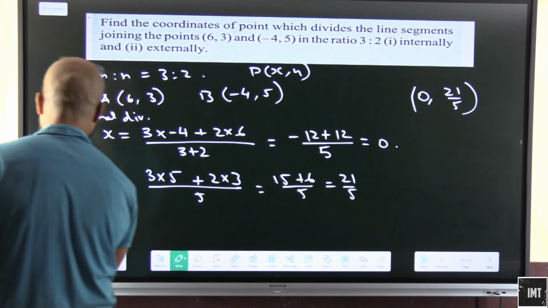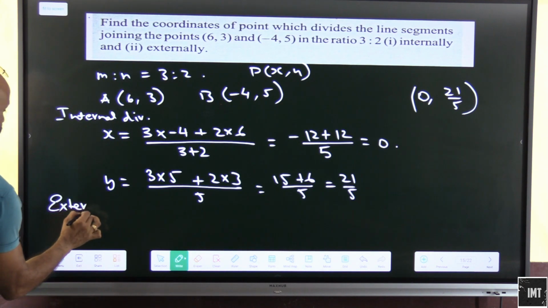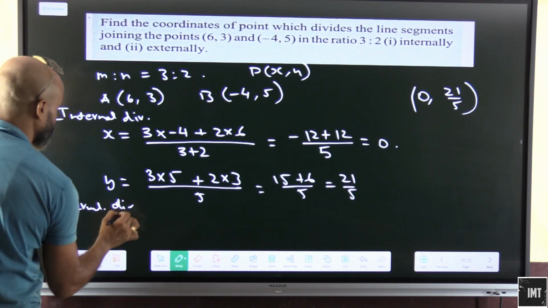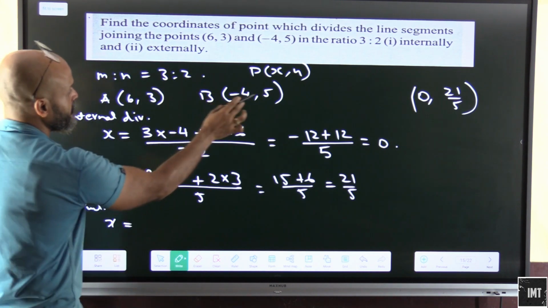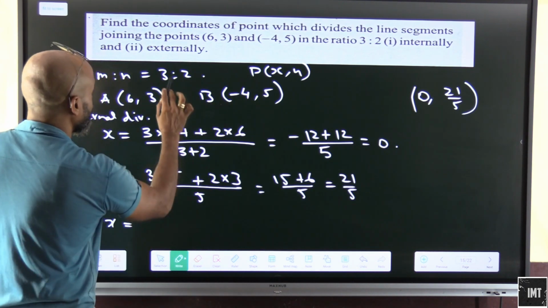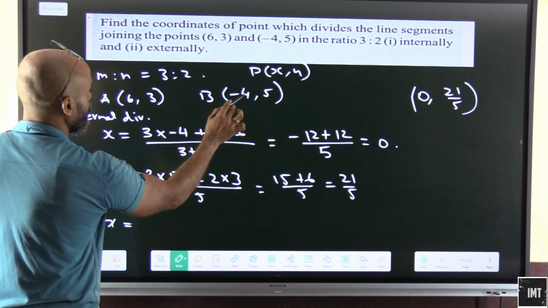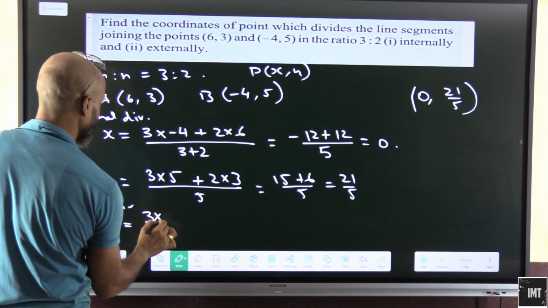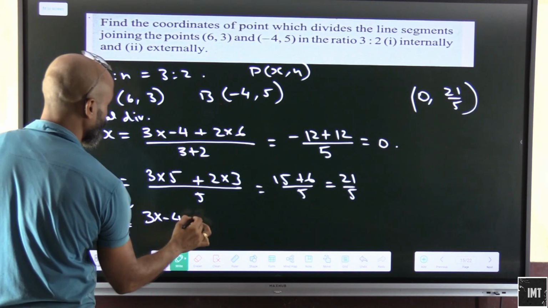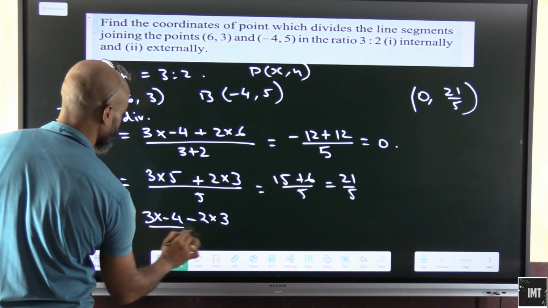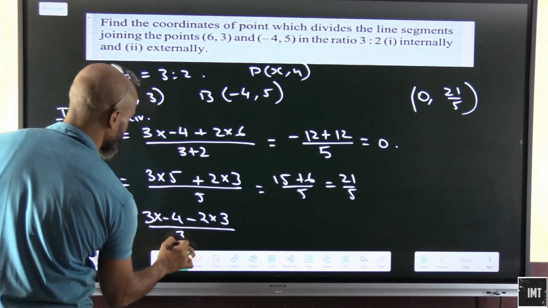Okay, now let's look at the external division. In external division we have x is equal to 3 into -4 minus 2 into 6 upon 3 minus 2.